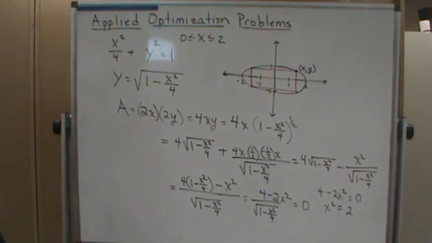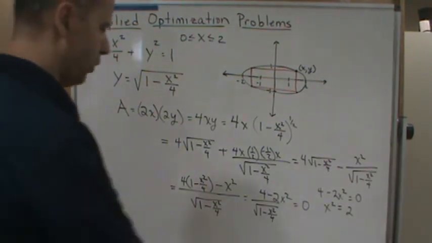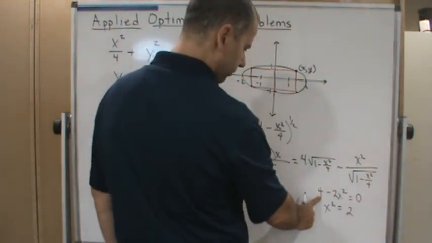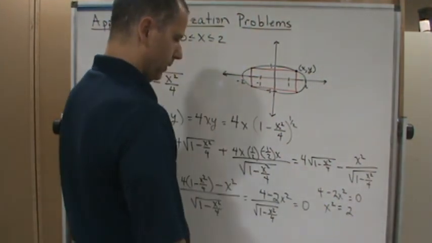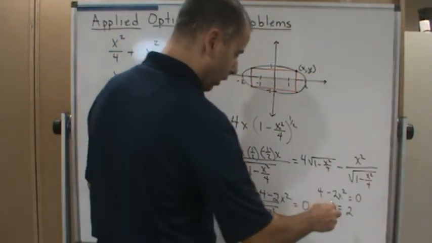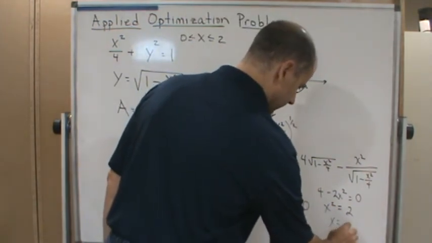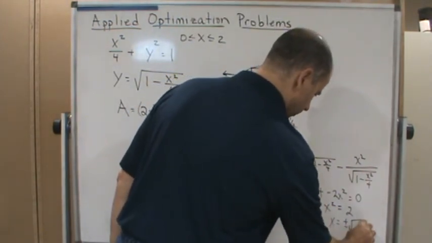Right? Subtract 4 from both sides, and then divide by -2. So now that means x would have to equal plus or minus the square root of 2.